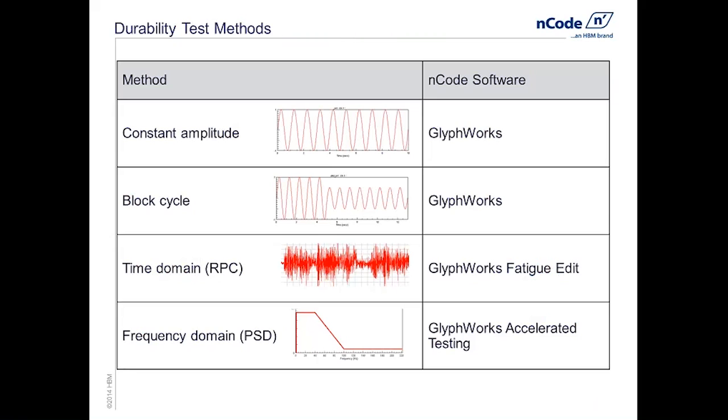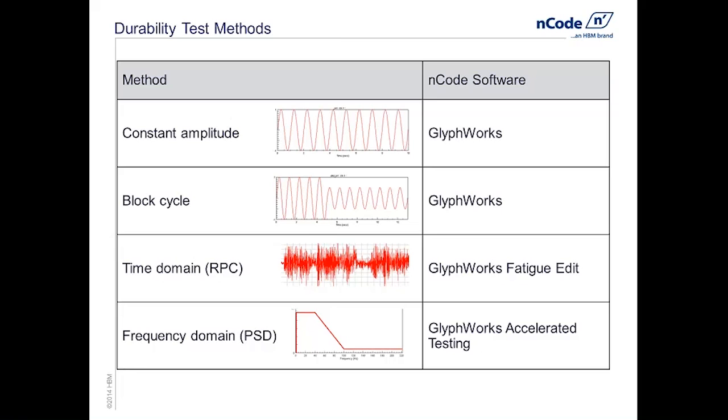And there are a number of different ways in GlyphWorks that we can do that. If, say, you actually want to, for whatever reason, replay an entire recorded time history, we can do something called fatigue editing in GlyphWorks, where we compress a recorded time history by simply removing non-damaging content from it, at which point we can then replay it on an RPC test rig. So we're looking at the third box here.